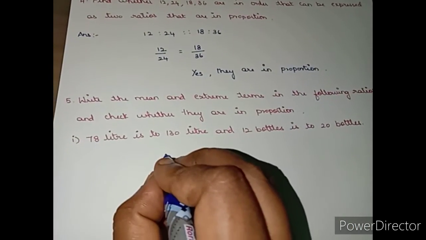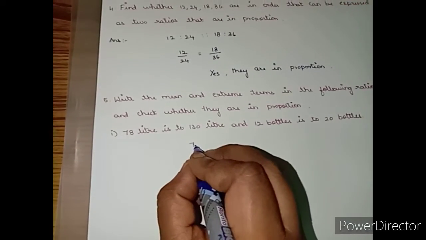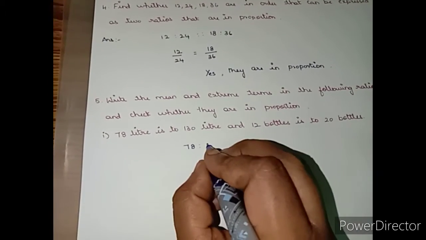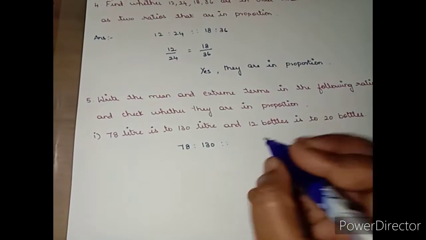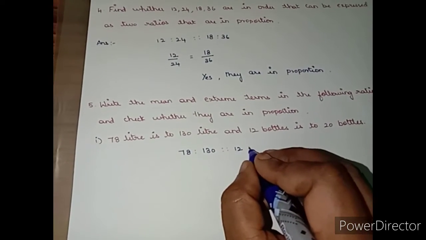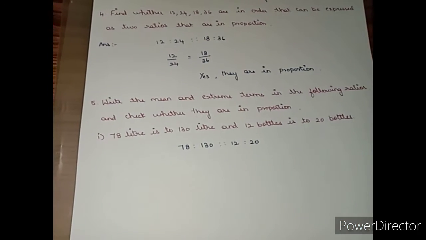Now we'll write it in proportion. 78 is to 130 is proportional to 12 is to 20.